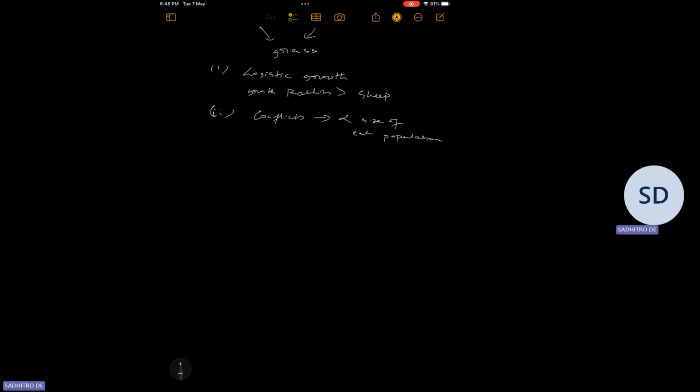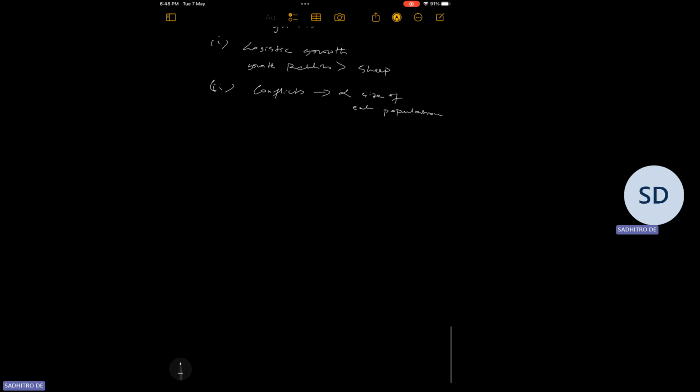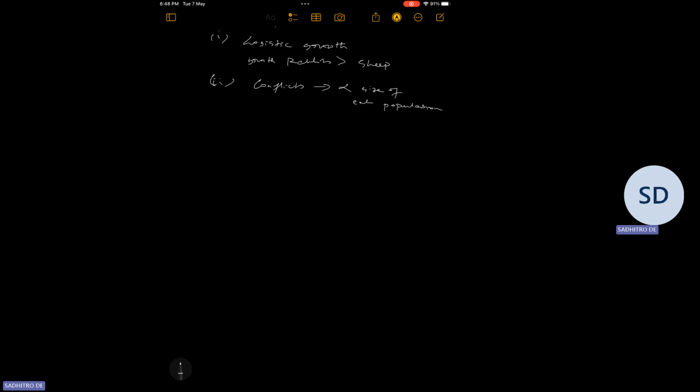And in that competition, one can be affected more than the other. So we assume that the effect of the conflicts is more severe for the rabbits. In other words, the conflicts tend to reduce the growth rate of the rabbits faster than it reduces the growth rate of the sheep.